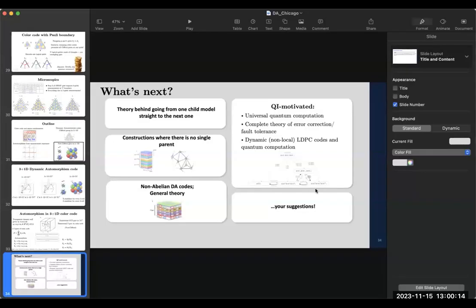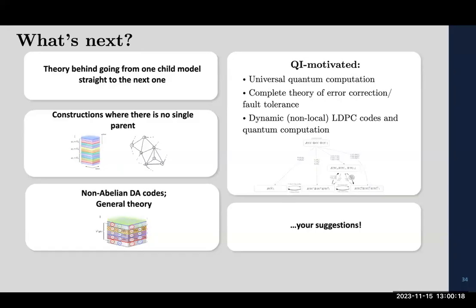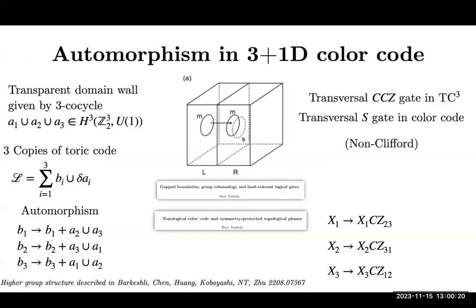I just want to understand this. You wrote down this automorphism, B goes to B plus A, on the left-hand side, but over here you have some operation on logical qubits. I want to understand slightly more microscopically what's happening there. Is there some membrane operator that's changing into a membrane operator? Right.